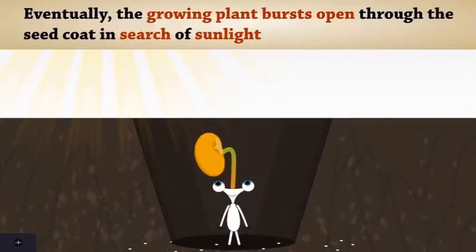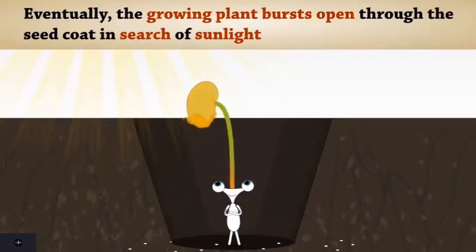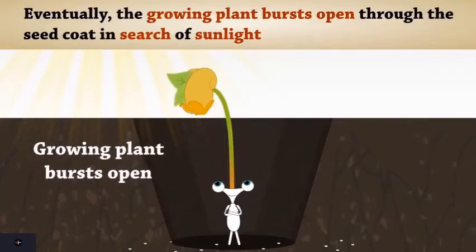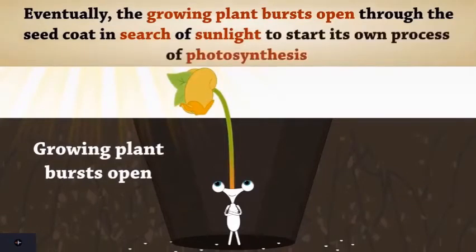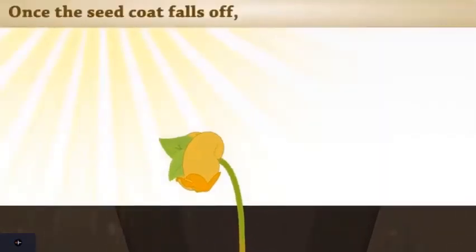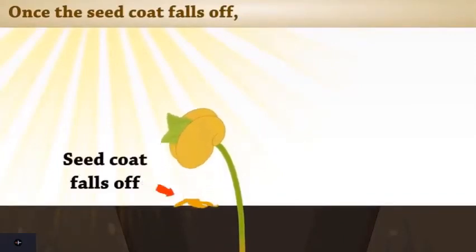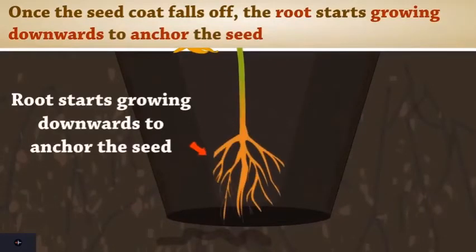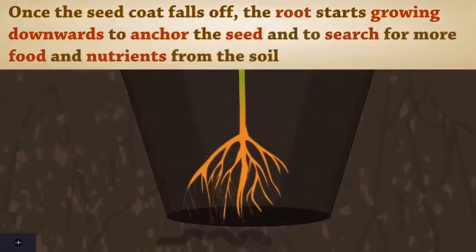Eventually, the growing plant bursts open through the seed coat in search of sunlight. And this is where the photosynthesis starts. Once the seed coat falls off, the root starts growing downwards to anchor the seed.